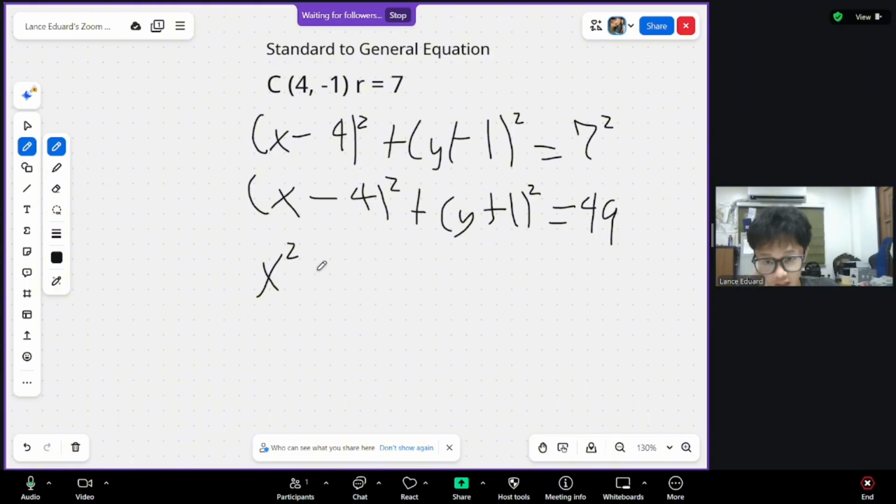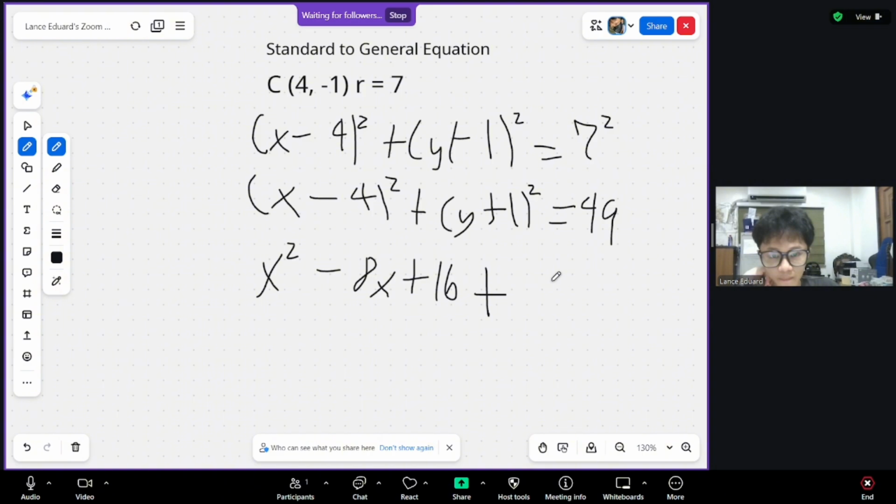Then 4 times x is 4x, and with the raised to 2, it's going to be 4 times 2, which is 8x. Next, we get 4 raised to 2, so it's going to be 4 times 4. Since 4 times 4 is 16, the term will be 16.